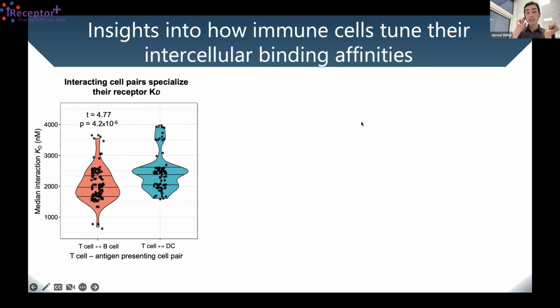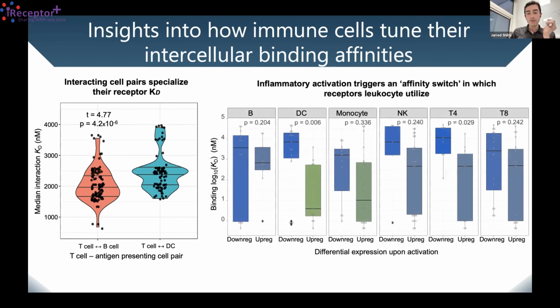This can range from very basic questions, like if you take two interacting cell types, here I did the example of a professional antigen presenting cell, which could be either a B cell or a dendritic cell. We know they interact with T cells, which is quite important for their activation. But curiously, they vary in the affinity of that interaction, how strongly the receptors bind to the receptor on the T cell. Another interesting analysis: if you compare immune cells in the resting state to activated immune cells of those same populations, there's what we call an affinity switch.